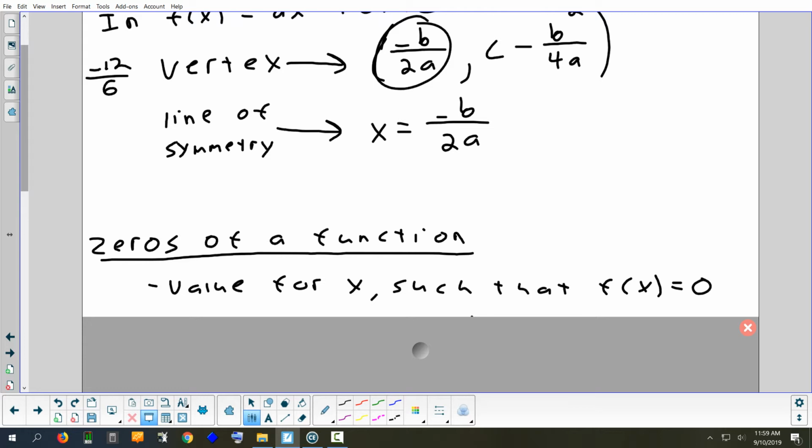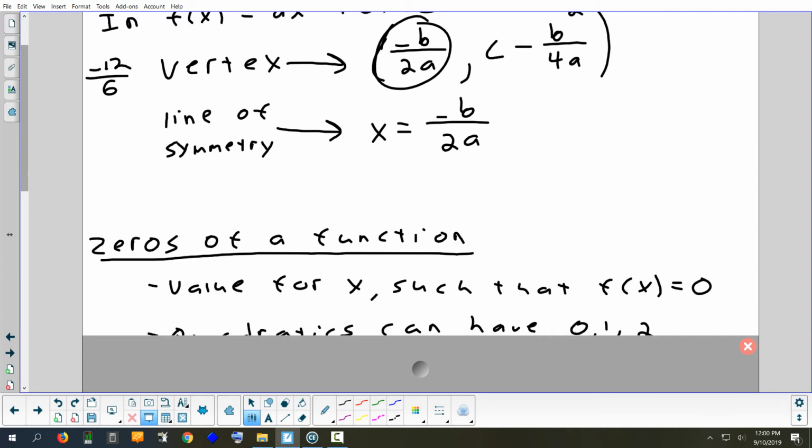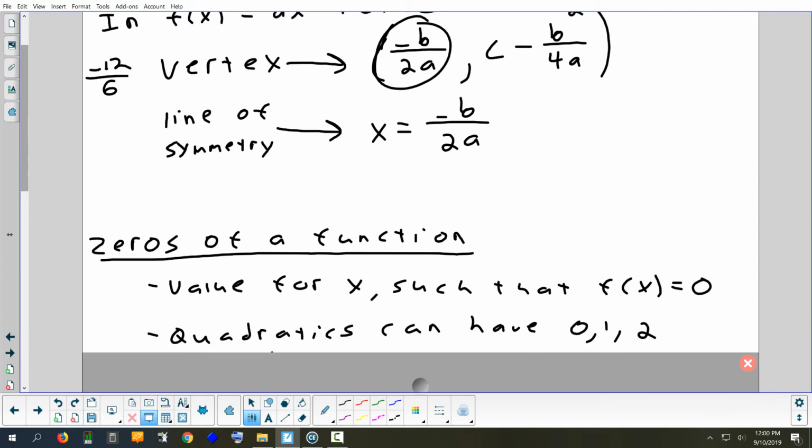This I kind of went over with you in the homework, so I'm not going to do it on the calculator right now. How to find the zero of a function. Anytime you set a quadratic equal to 0 and solve it, that's what you're doing. You're finding the zeros. It's a value for x such that when you plug it in, you get 0.